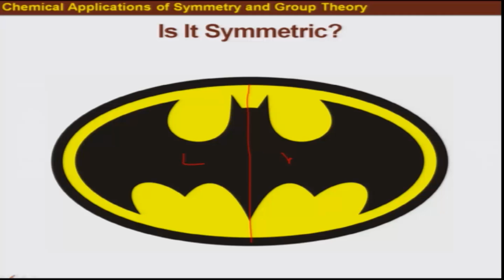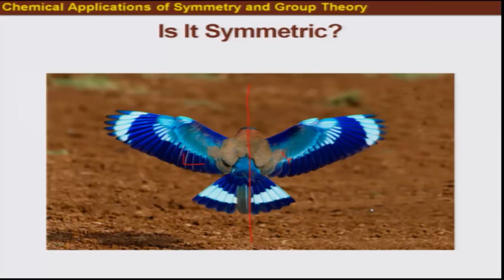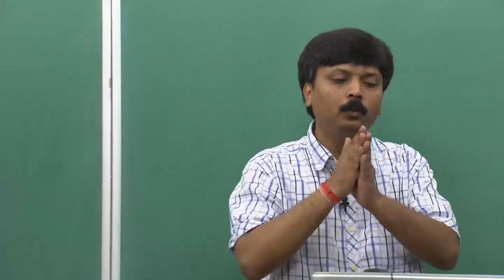Similarly, if I look at another picture, here is a picture of a bird, a beautiful bird, and you can see that about the mid portion of this bird's body, it is pretty much like a mirrored image. Both the sides, the wings and the tails, you can dissect into two equal halves.